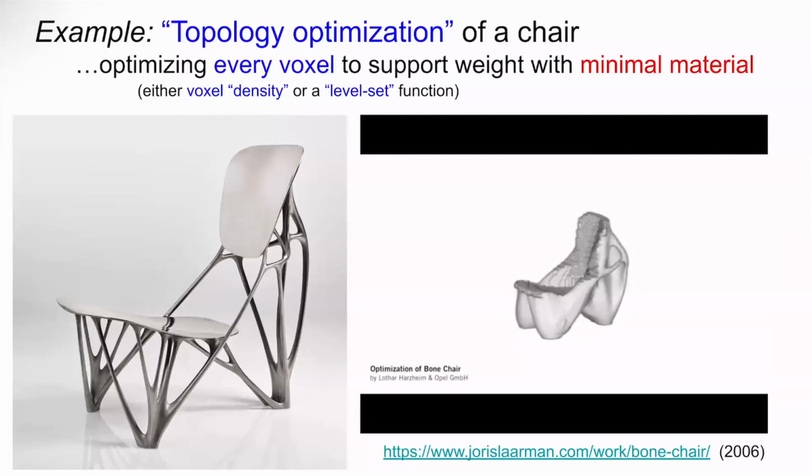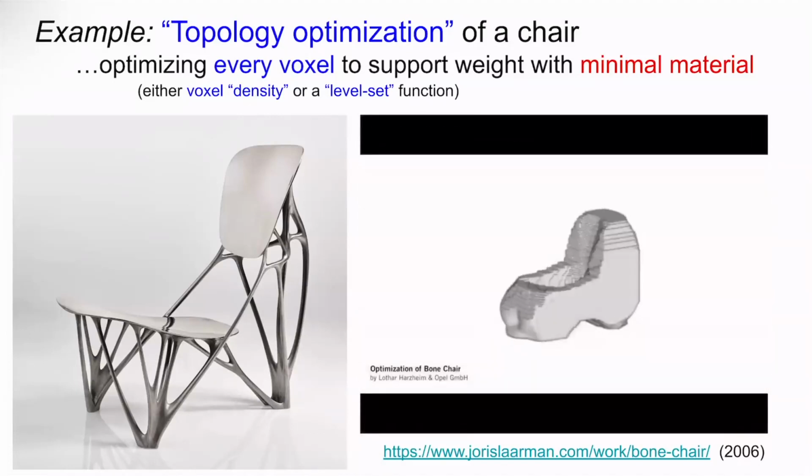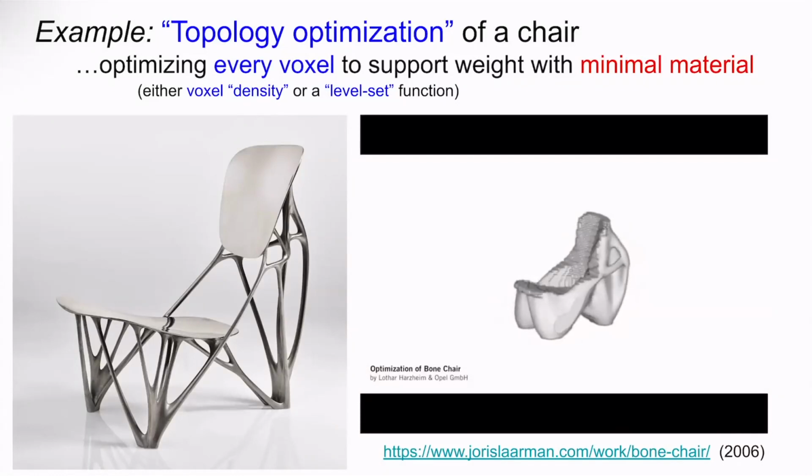You can see it. So it starts with just a solid block of metal. That certainly will support your weight, but it's very, very heavy. And so now they're going to try and optimize it to minimize that amount of weight subject to the constraint that it still has to support a person, right?